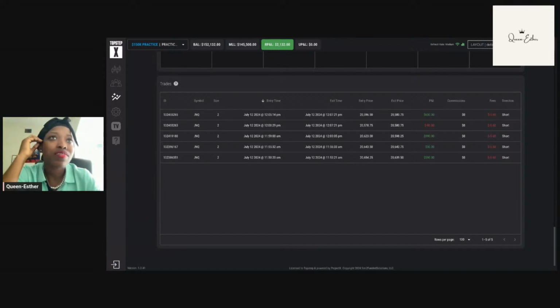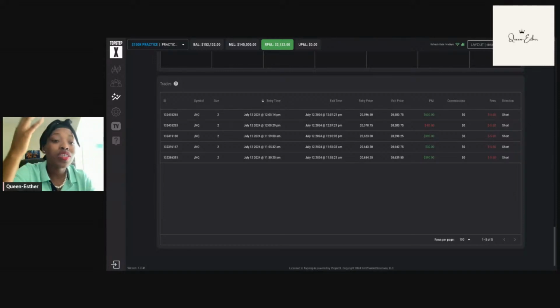Again, that's my risk tolerance, or that's my trading goal. And it's also based on the size of your account.